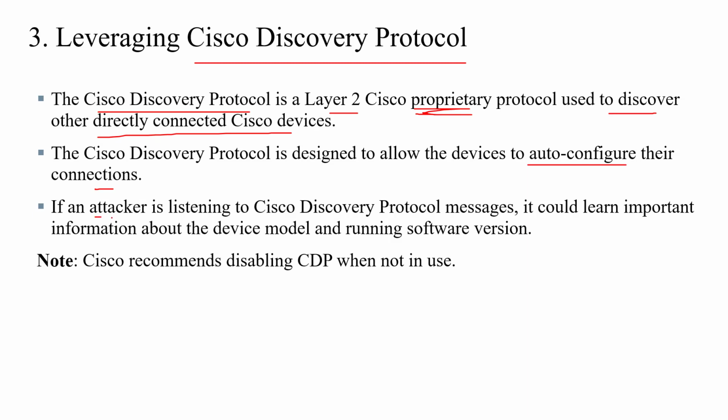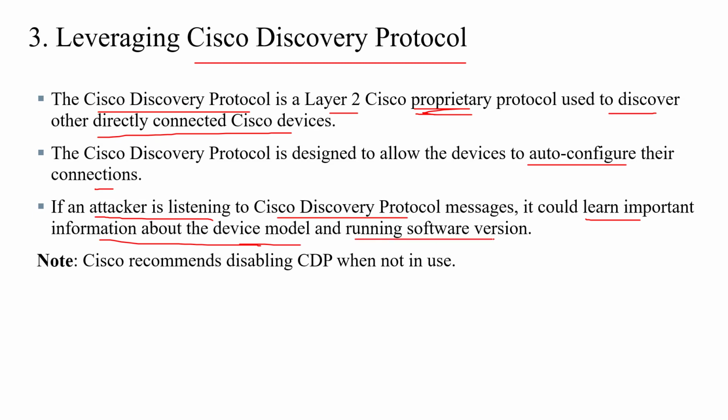and if an attacker is listening or using CDP, this is going to be the dangerous part. If the attacker is listening to the Cisco Discovery Protocol messages, the attacker can learn important information about the device model. What is the device model you are using? What is the running software version?